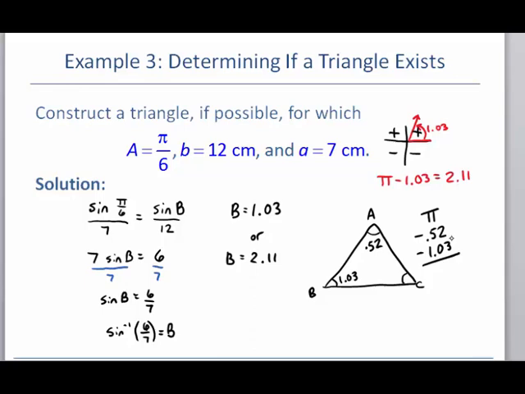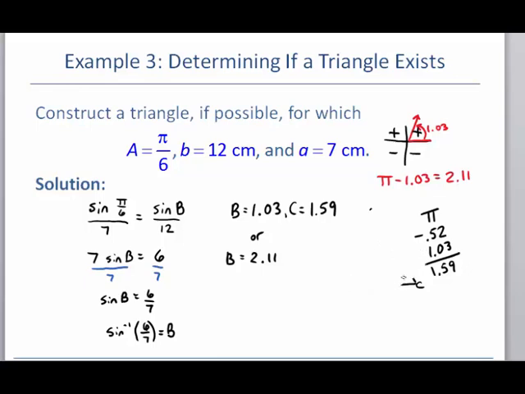And so that gives me 1.59. And so now I know that there is room for angle C, and furthermore, it's equal to 1.59.